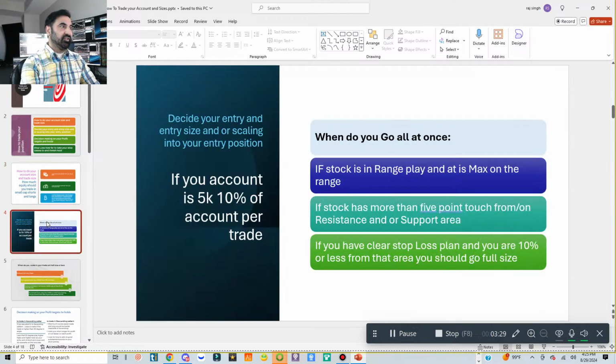So then the next one: decide your entry and entry sizes and scaling into your position. Again, if your account is 5K, 10% account per trade, that part you already know. When do you go all at once, guys? If a stock is in a range play and it is maxed on the range level.